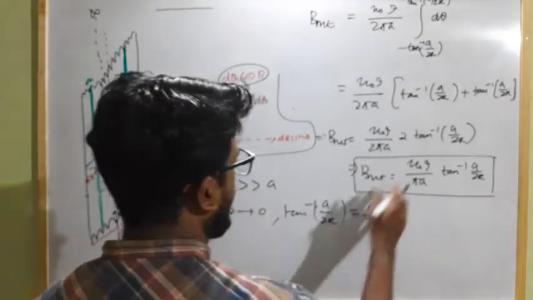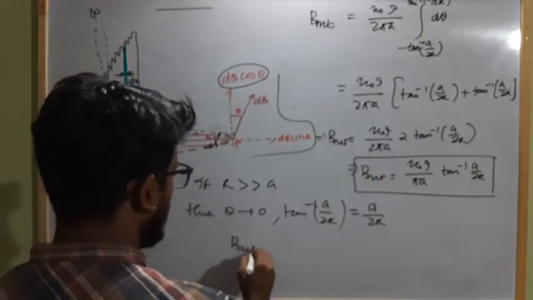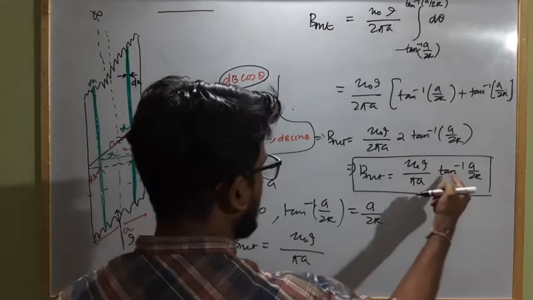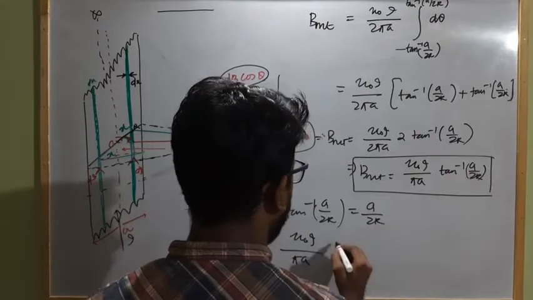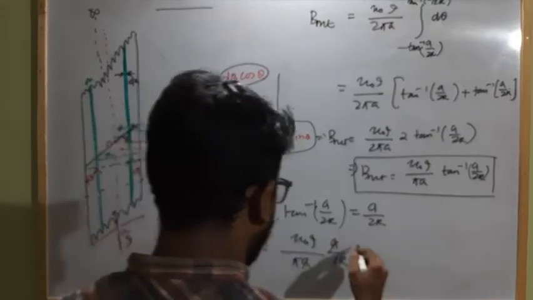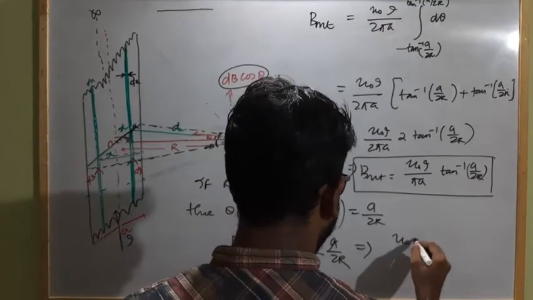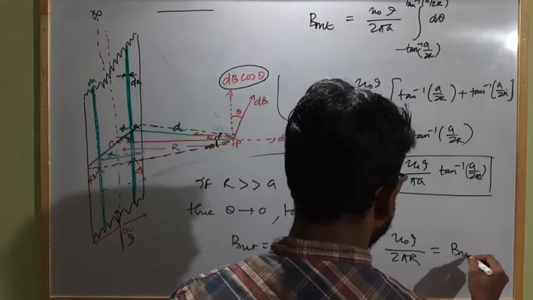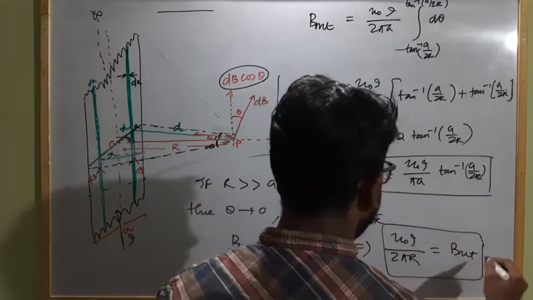So B net becomes mu naught I divided by pi a into a by 2r. So a cancels, and B net is mu naught I divided by 2 pi r. And this is the same as the expression for what?